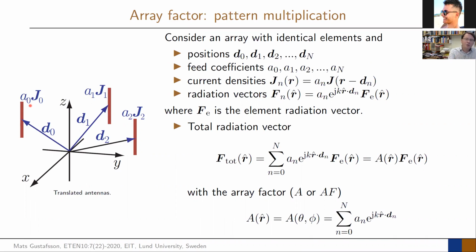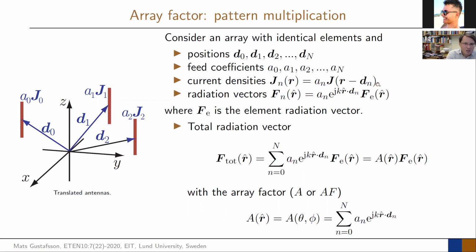What kind of amplitude and phase do you send to it? How much should you delay this signal, and how much should you amplify it? But the shape of the current on the antenna will be the same, because that is determined by the antenna element. So I have a lot of positions, I have feed coefficients, and then I have the current densities, Jn, which means it is the same shape, just translated in space.